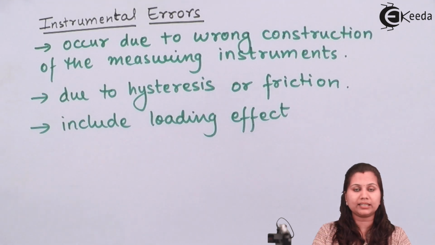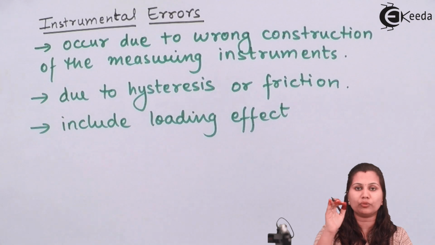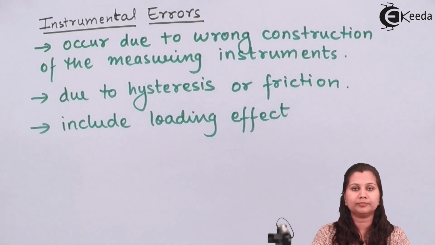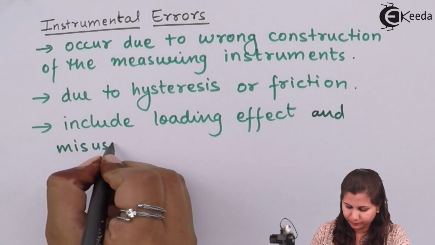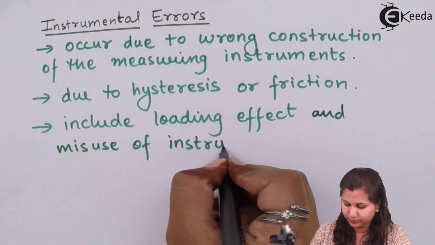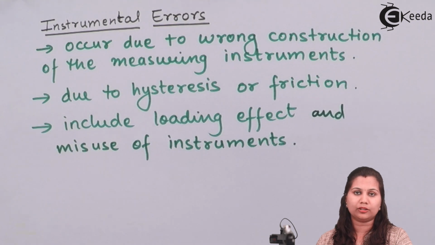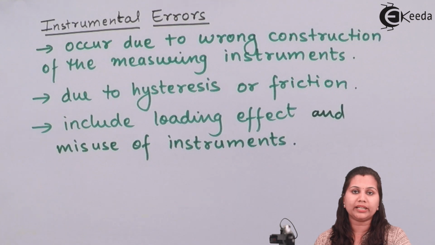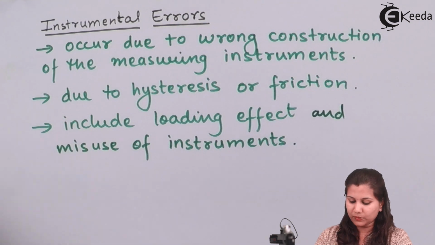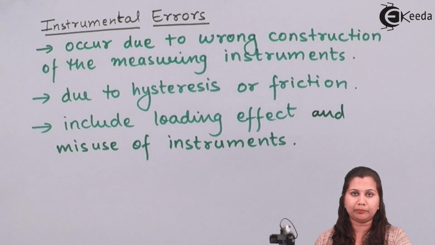Now when we are decreasing the input from the full scale reading to the zero scale, then also we can get the same output. So these instrumental errors include loading effect also, and the misuse of instrument. Loading effect means that when we are increasing the input from 0 to the full scale reading, the output of the instrument is also increasing.